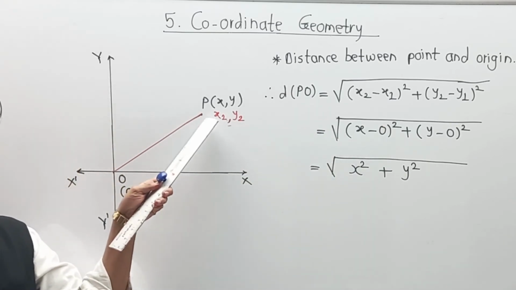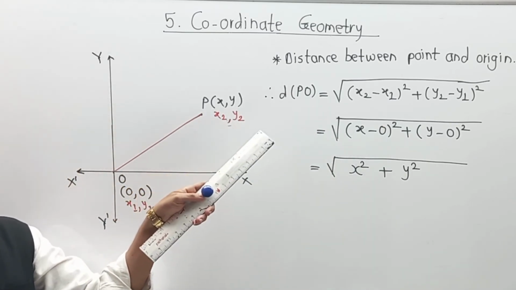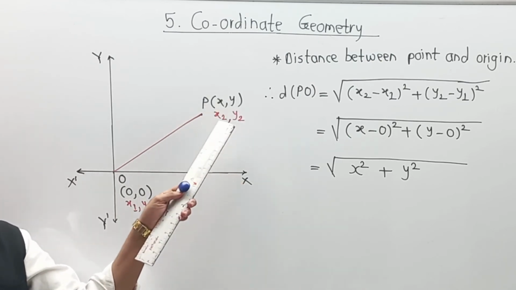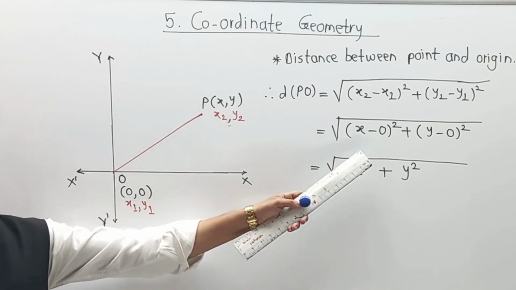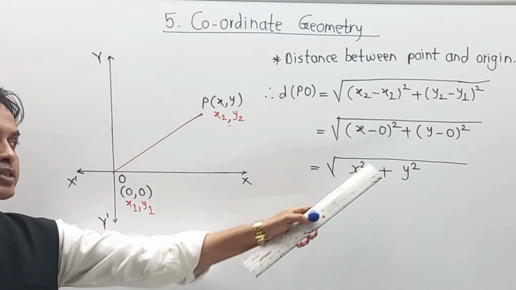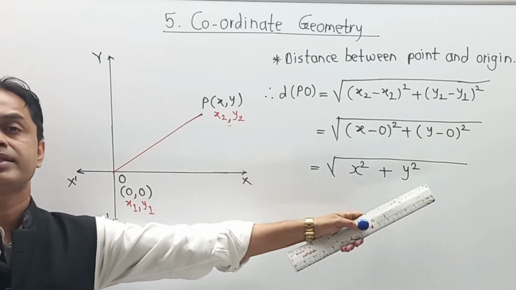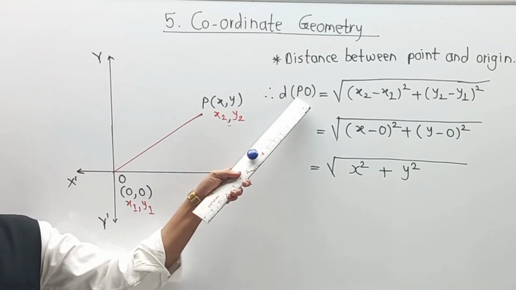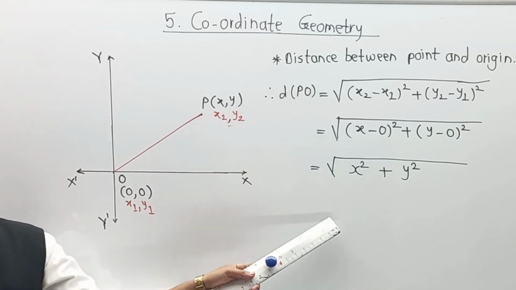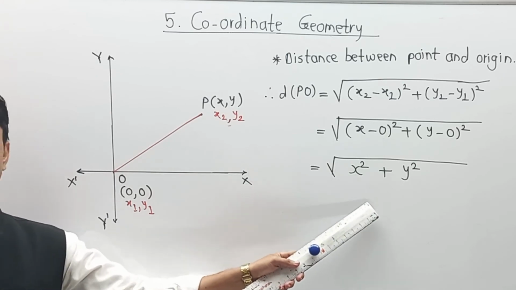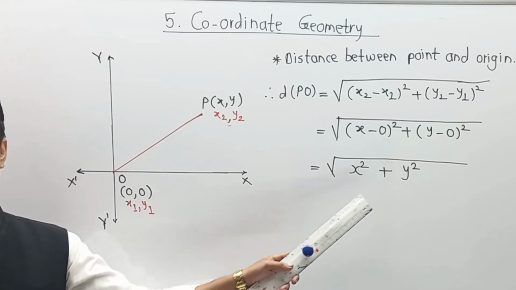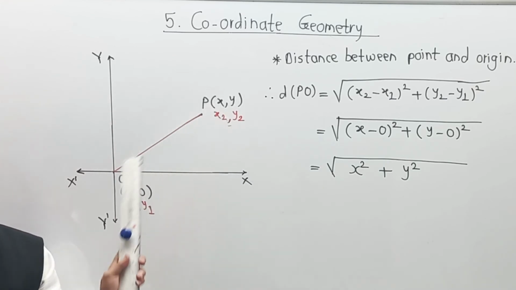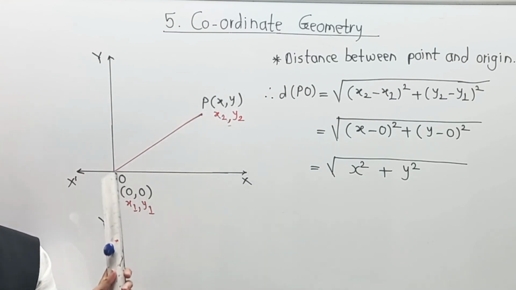Means for any point given in a plane having any particular coordinate, if we want to calculate the distance from the origin, then simply you have to take the value of x square plus the value of y square, add them, find the under root and complete the part. So the distance between any point P and the origin we can simply indicate by the formula, under root of x square plus y square, where x and y are the coordinates of that point from which we are interested to find the distance to the origin.